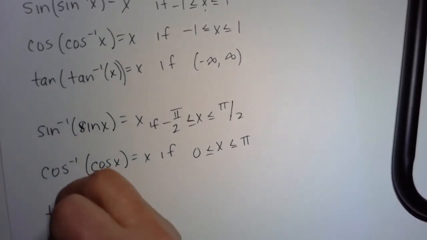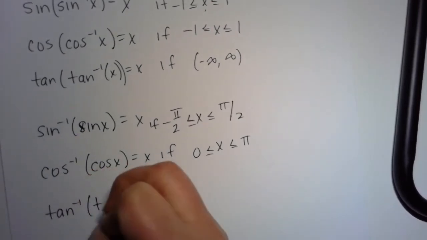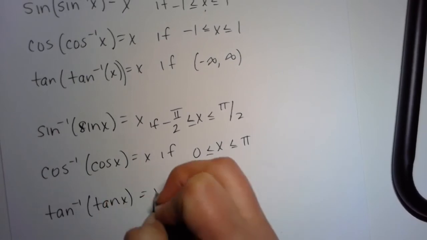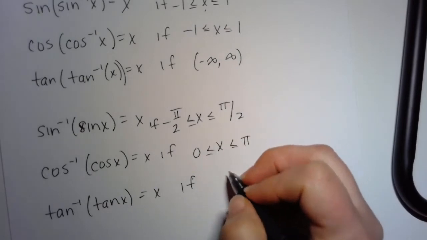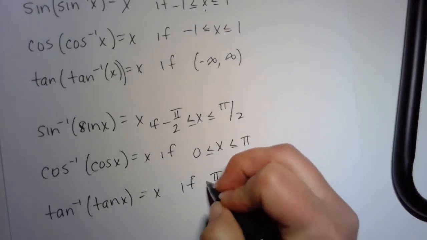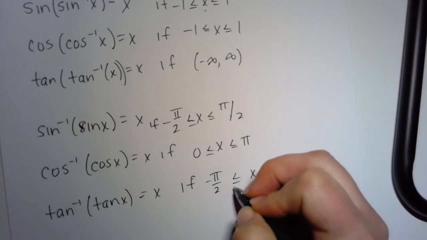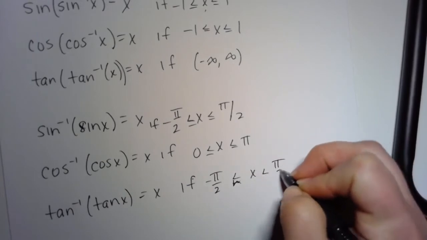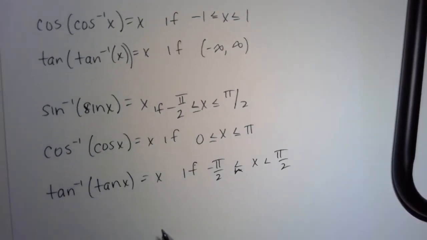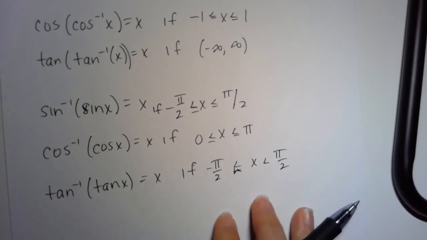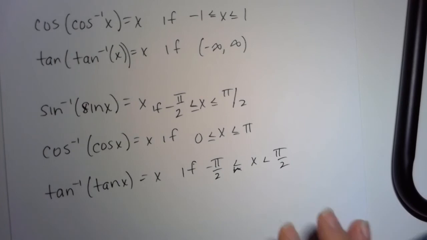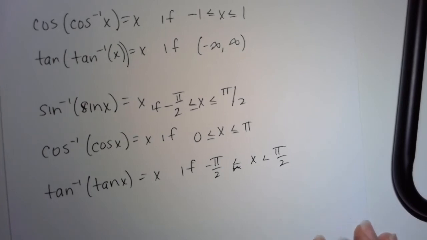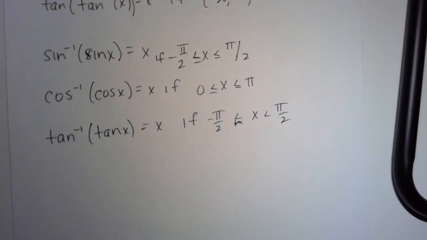And my tangent inverse of tangent is equal to x if my x values stay between negative pi over 2, oops, not equal though this time, and pi over 2, because that's our restricted domains, right? We did that based upon we wanted them to pass the horizontal line test. All right, so let's look at something here.